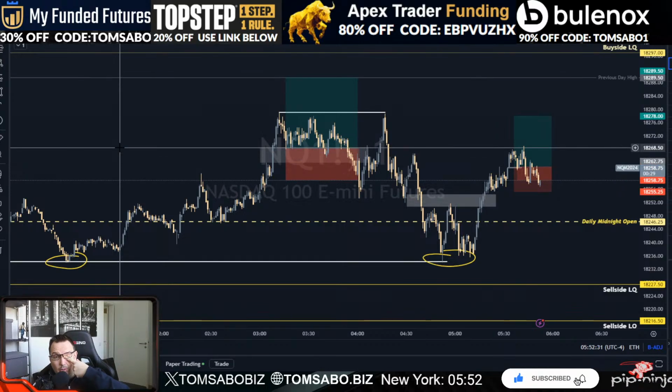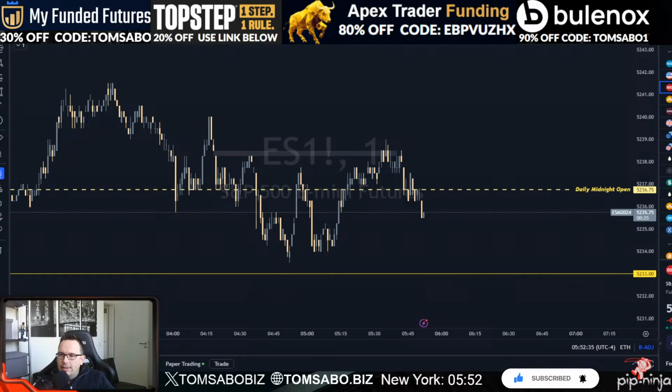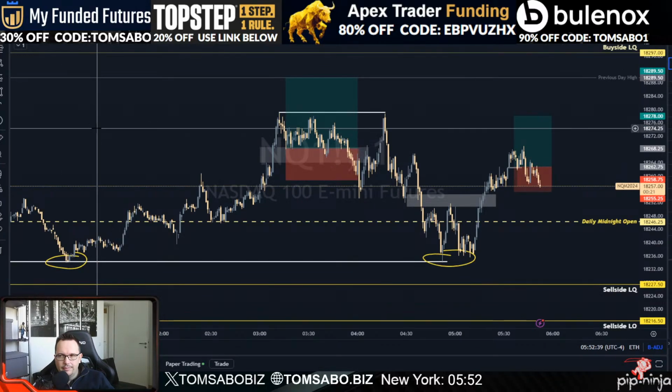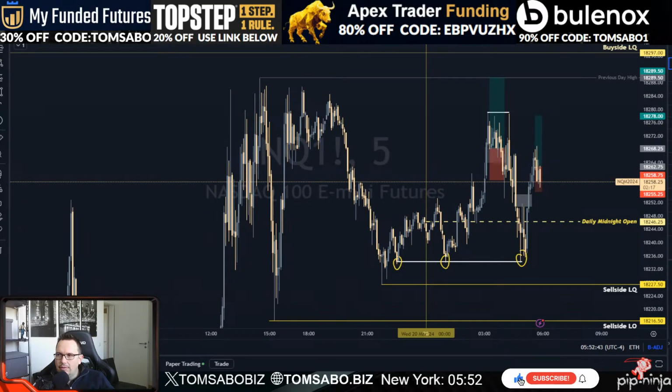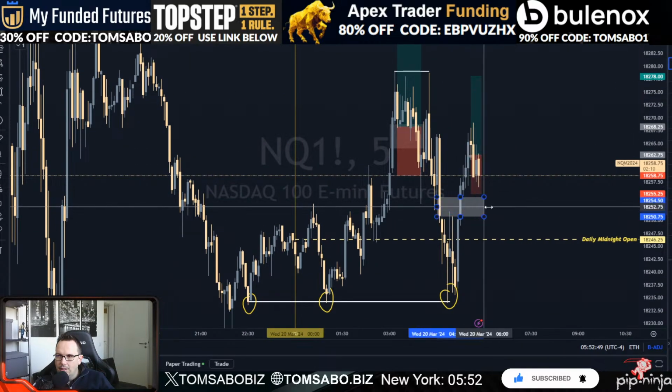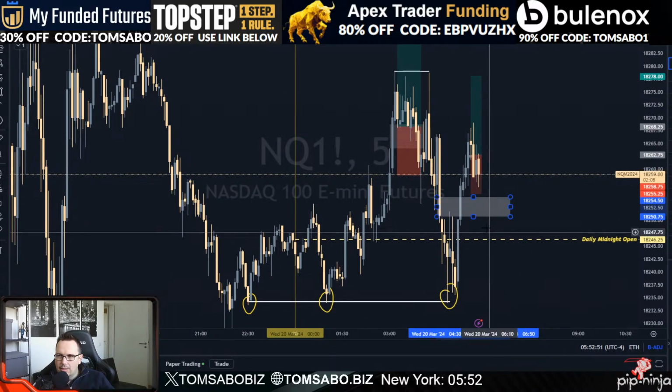I'm still in, but almost out. I expected ES to pop higher, but anyway. What do we have on the 5-minute? We have a fair value gap down there. Could be an inversion. Methodical man likes these.